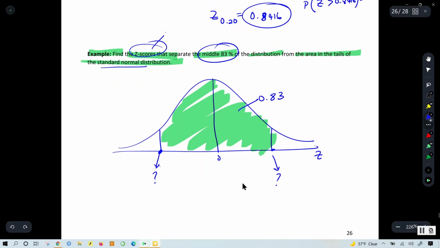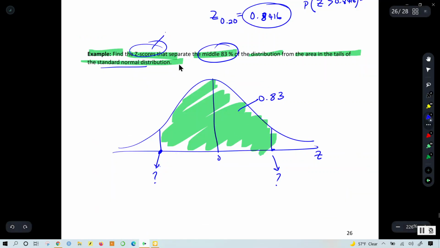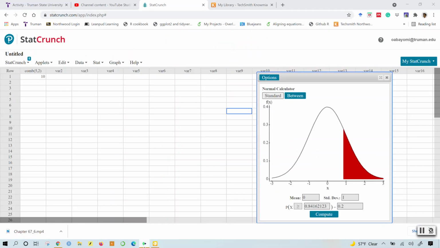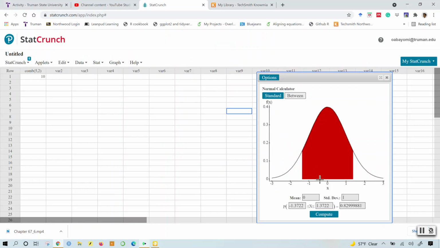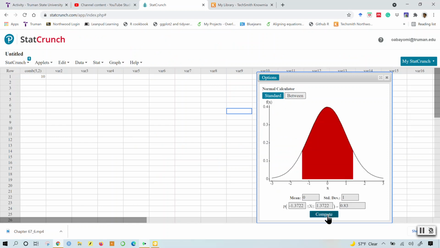In order to find the missing numbers, what I need to do is go back into StatCrunch. I'm going to set my mean to 0 and standard deviation to 1. Why is that? That is because I'm dealing with the standard normal distribution. And I would like to set the calculator to between, because I have the region between, which is 0.83. So I'm going to click on between, put 0.83 right here, and hit the compute button.